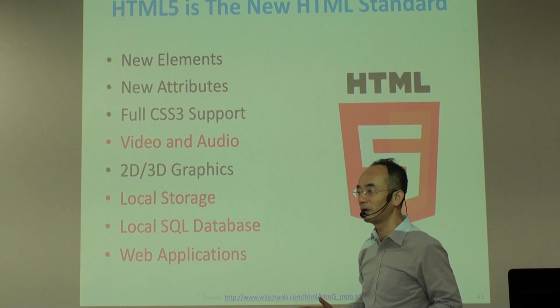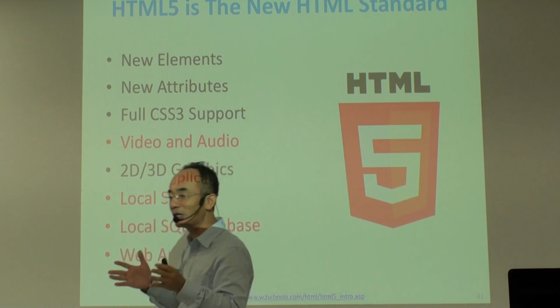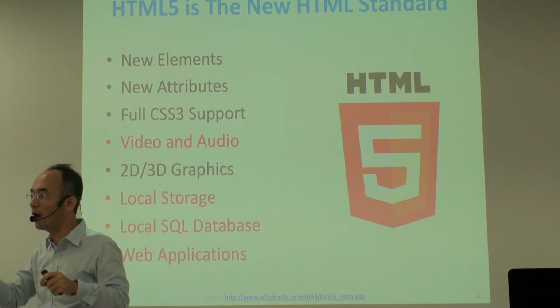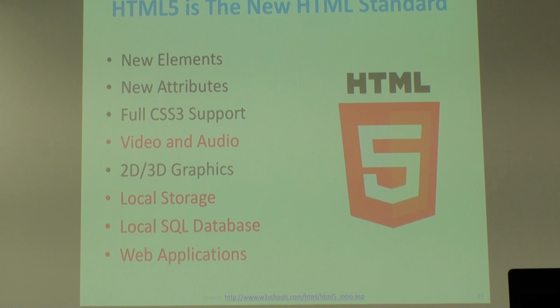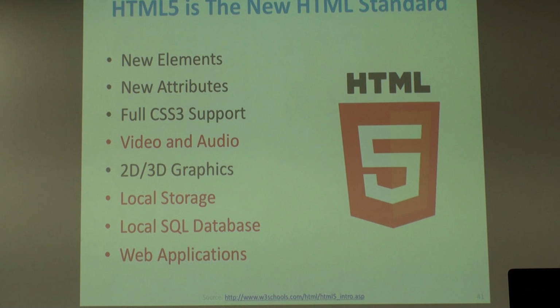Just imagine, for your final project in this course, you have to design a final project app. Suppose your application would like to access local storage or local SQL databases, or you have multimedia, audio or video, you can just use HTML5.